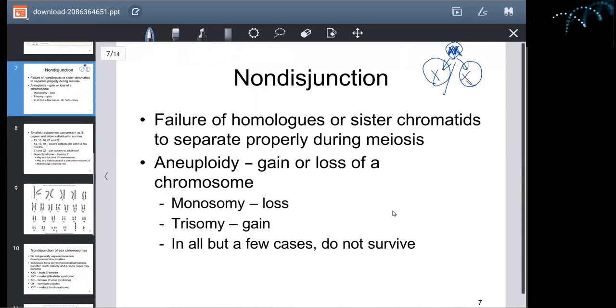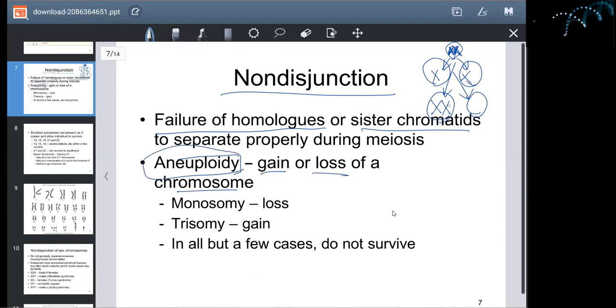But sometimes nondisjunction happens and they don't separate. And you get one egg with 2 X's and the other egg without any. In this case, nondisjunction happened, a failure of homologous chromosomes or sister chromatids to separate, and it can lead to something called aneuploidy. That means you gain or lose a chromosome.